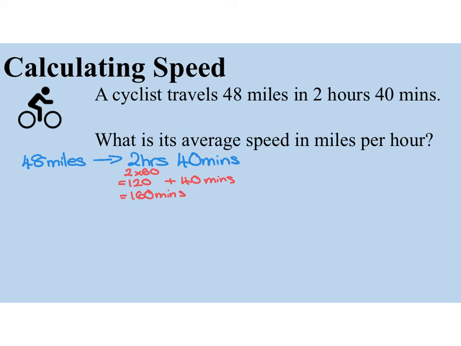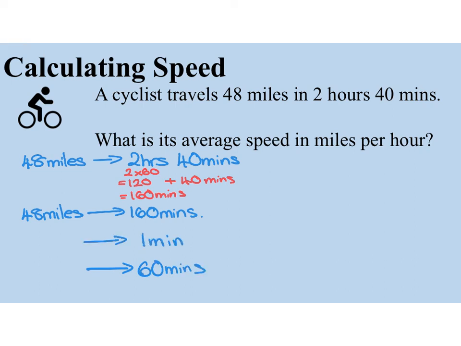So this cyclist has travelled 48 miles in 160 minutes. Okay, and we want to find out how far that cyclist has gone on average in 60 minutes, because that's the same as 1 hour.